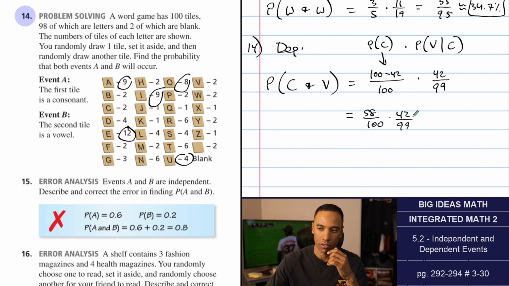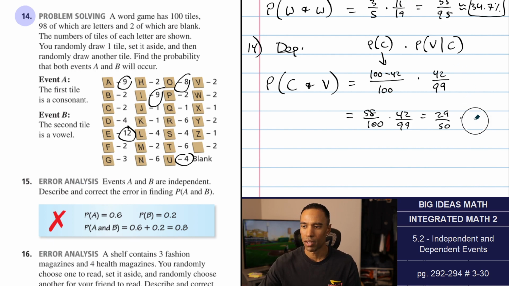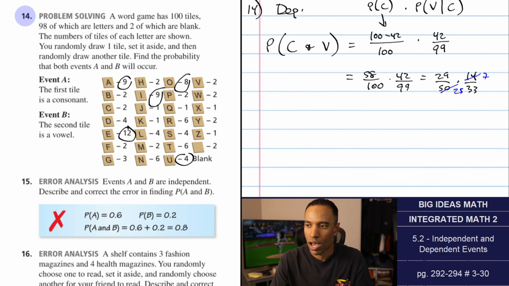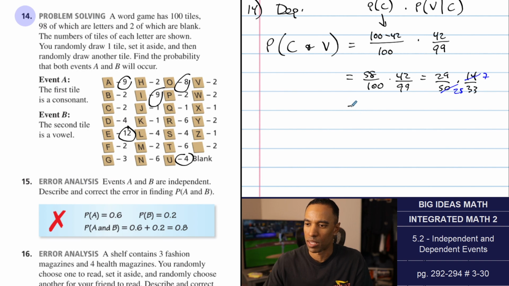And I could go straight to the calculator. I want to do a little bit of fraction reduction to start. Like I could divide these by 2 and get 29 over 50, and I could divide these by at least 3, right? 14 over 33, and I could even reduce 14 over 50, make that 7 over 25. So I could make it a little bit smaller like that. Ultimately, as a whole fraction, I'm getting 7 times 29 on top, which is 203, assuming it can't reduce anymore.